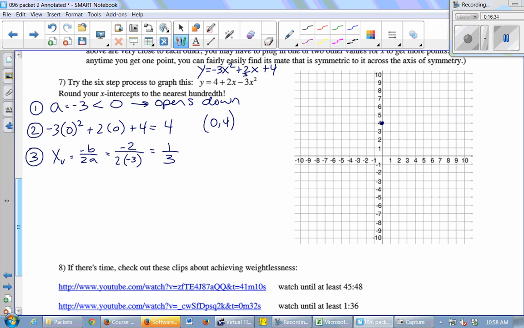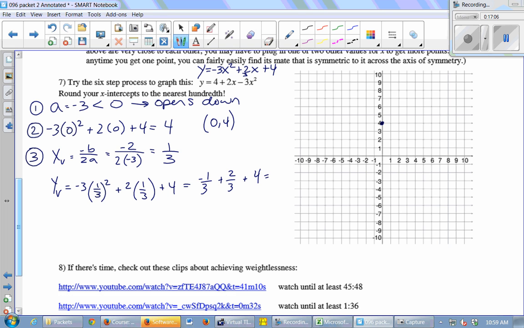All right, and then the y-coordinate of my vertex, I take that 1/3 and I plug it into my formula. So I'm going to have -3 times 1/3 squared plus 2 times 1/3 plus 4. So that's going to be 1/9 times -3, which is -3/9, which is -1/3, plus 2/3 plus 4.